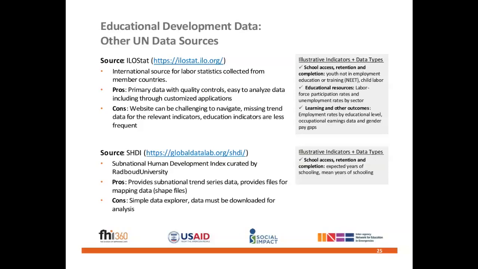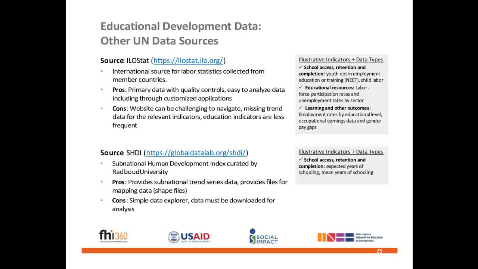The other resource that we wanted to direct your attention to, just as another illustrative example of other UN data sources that have been curated in a way that might be useful for us, is this effort to look at subnational HDI information, and of course two of the HDI elements are school-related, expected years of schooling and mean years of schooling.